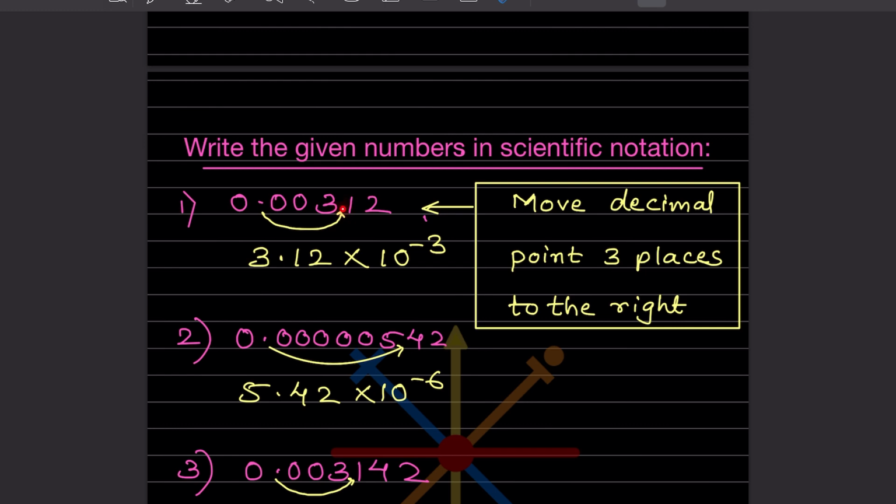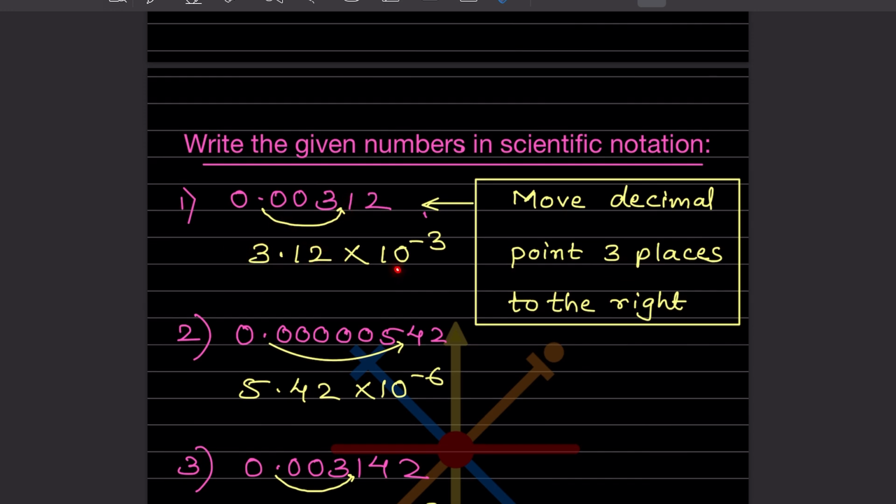You have to give the decimal point over here, so you are going to shift the decimal over here. How many places did you shift to get this? Because it should be 3.12. So 1, 2, 3, move the decimal point 3 places. You are moving from left to right, so to the right. So this will be 3.12 into 10 raised to 3, because you have moved 3 places to the right.